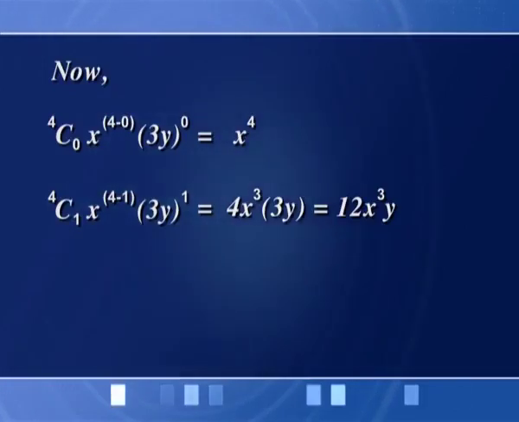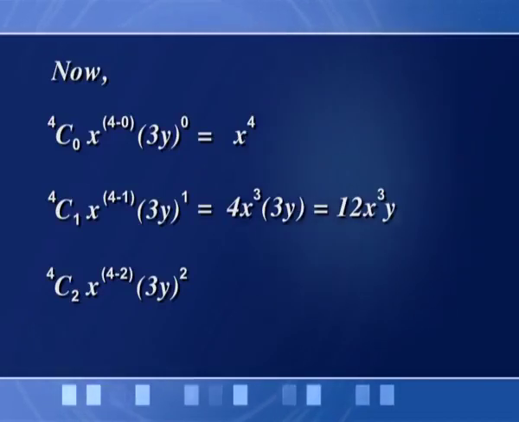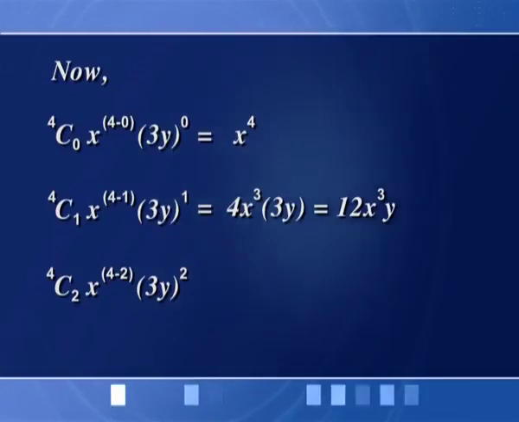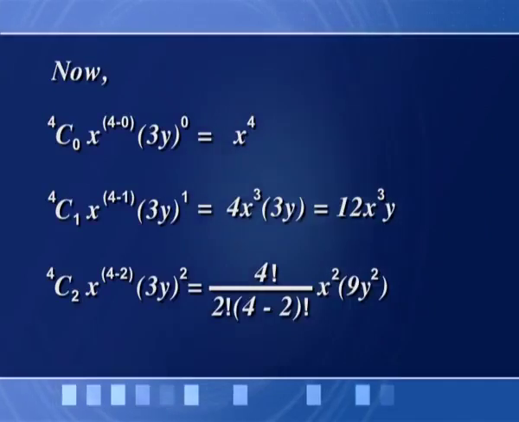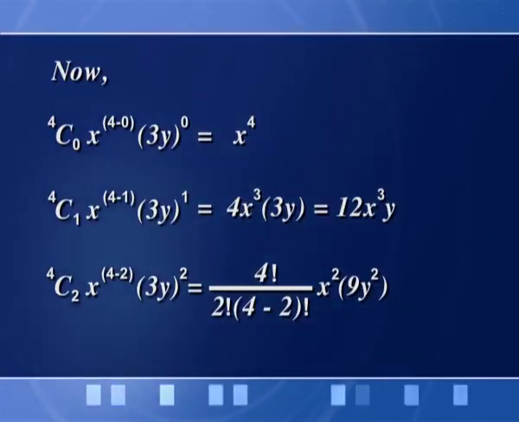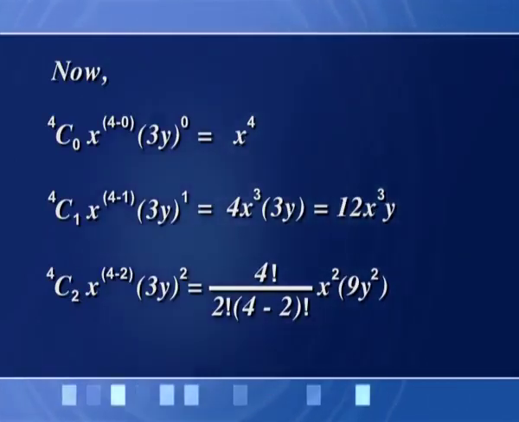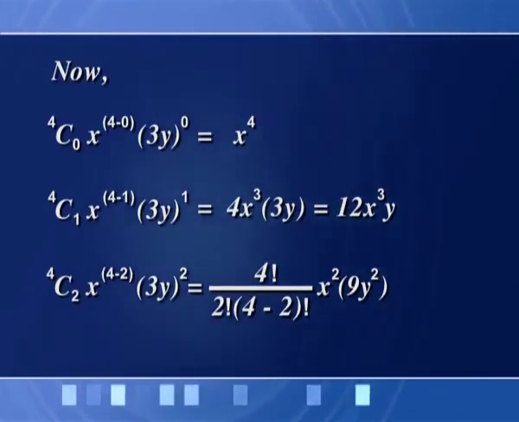Now, the next term is 4C2 x^(4 minus 2) (3y)^2. On solving this term, we get 4 factorial divided by 2 factorial into (4 minus 2) factorial, multiplied by x squared and (3y) squared, which is equal to 9y square.